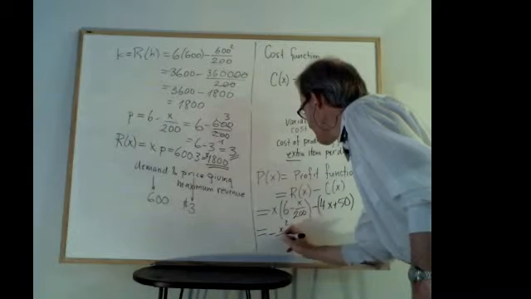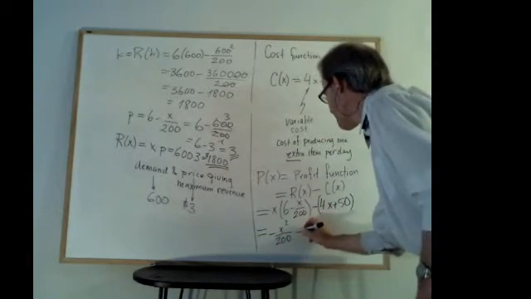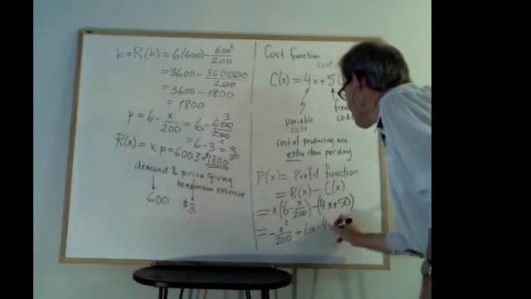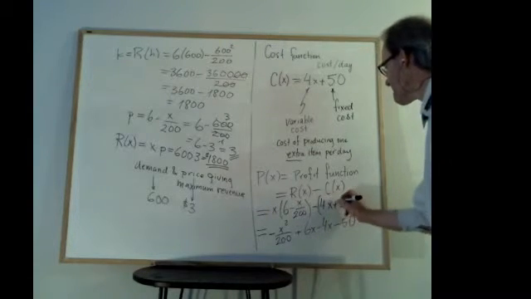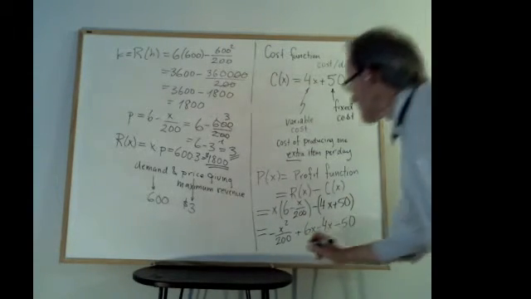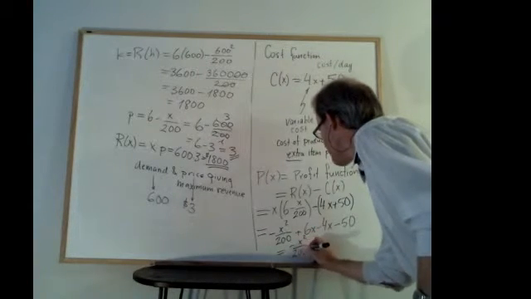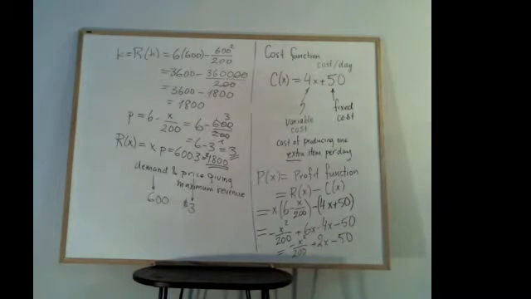So the coefficient of x squared is the same as before for the revenue function here, but the linear part will change. 6x minus 4x, and then we'll have a constant minus 50, because the negative sign goes on both terms. So this is minus x squared over 200 plus 2x minus 50, like that.